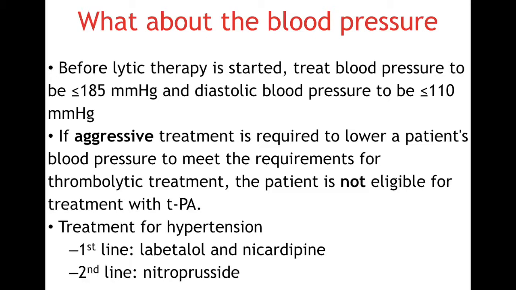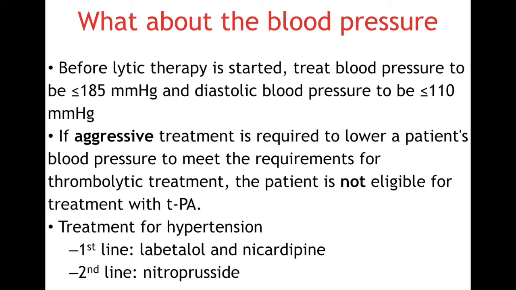One of the relative contraindications is a blood pressure greater than or equal to 180 systolic or 110 diastolic. So one of the goals for a patient who is having high blood pressure is to get that blood pressure under control.